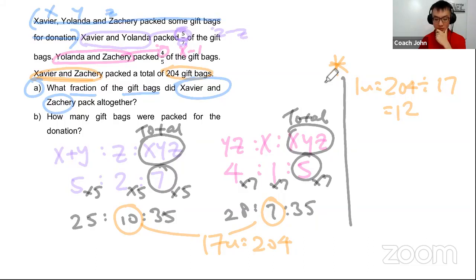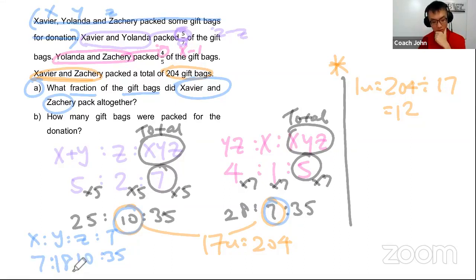Let me squeeze in here x, y, z, and this is a total. So z is 10, total is 35, x is 7, leaving y as 18, because 35 minus 7 minus 10 is 18.